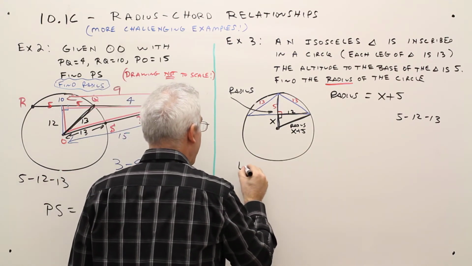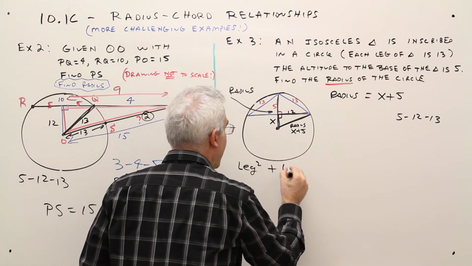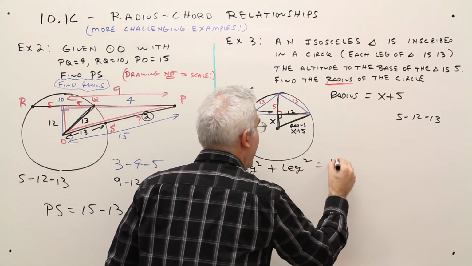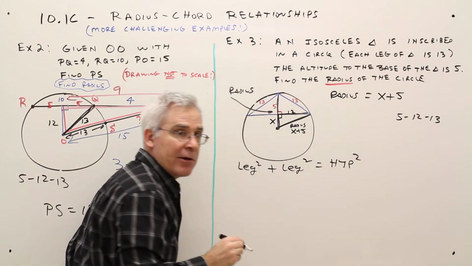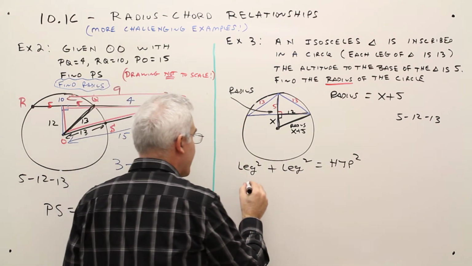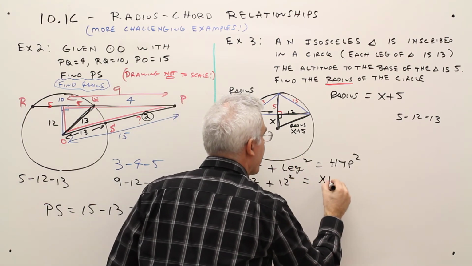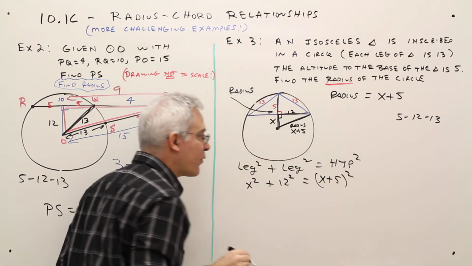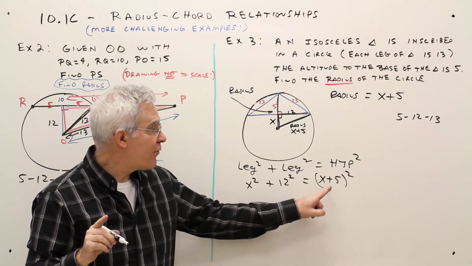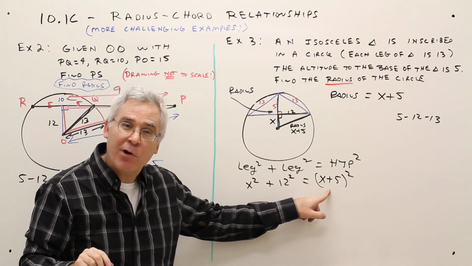So the Pythagorean theorem says leg squared plus leg squared equals hypotenuse squared. Or in this case, x squared plus 12 squared equals x plus 5 squared. A lot of students struggle with this. It is not x squared plus 25.